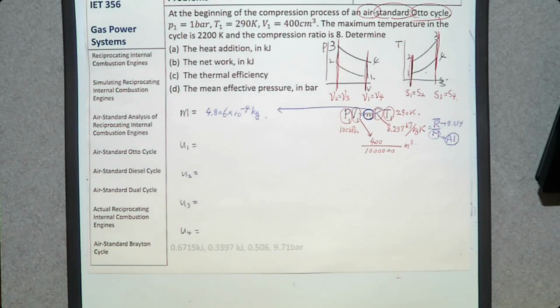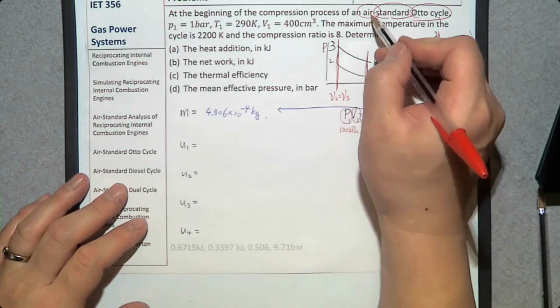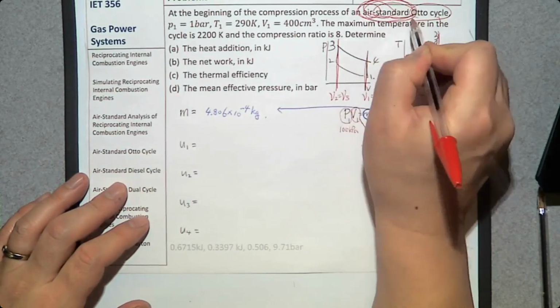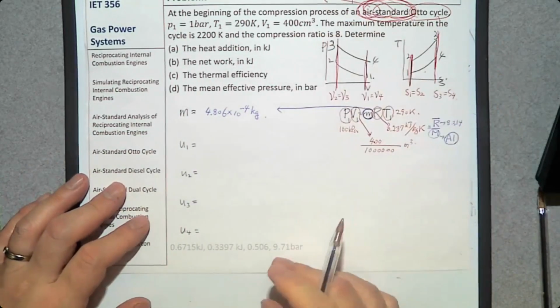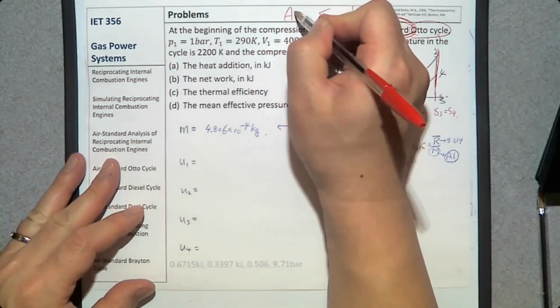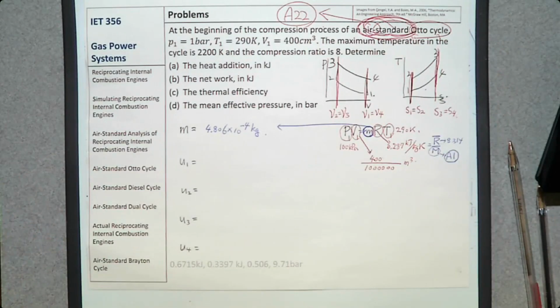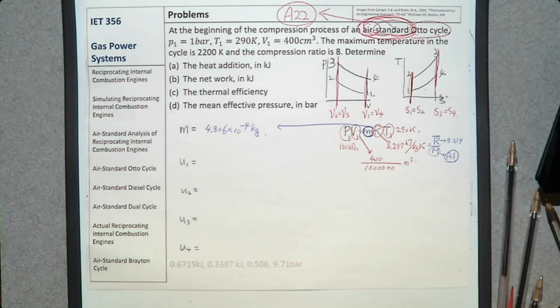Now let's find U1, U2, U3, U4. If you use air standard cycle, the main table that we are going to use is table A22. I will provide this table in the exam, so don't worry about that. Table A22.